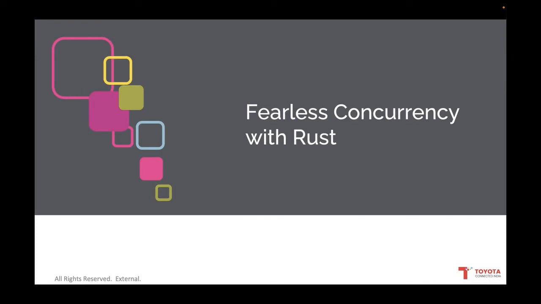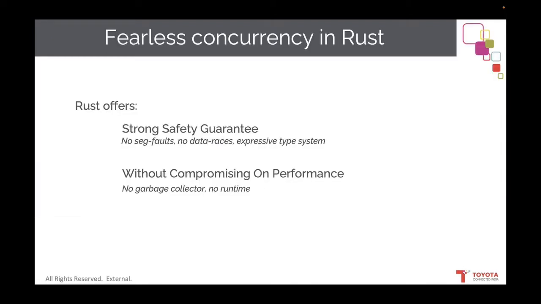Now, I will talk about the core concept, that is the fearless concurrency with Rust. So as you see, by leveraging the strong concept of ownership and borrowing, Rust actually gives the guarantee that it is safe, as well as it also gives the performance like the system programming languages like C or C++.